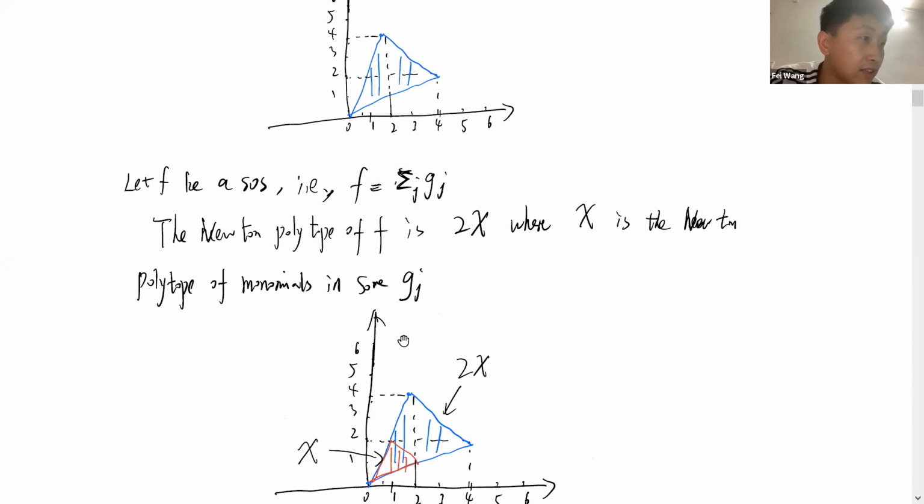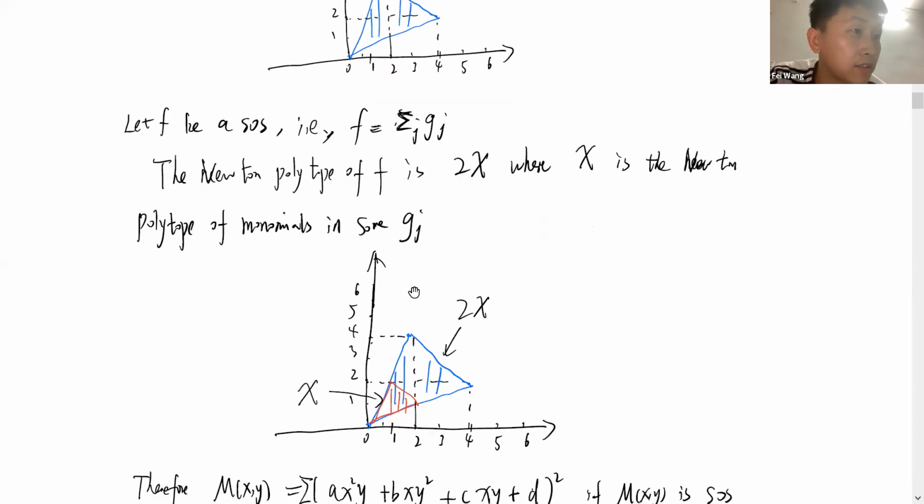Now let f be a sum of squares. If f is a sum of squares, then f is equal to the sum of g_j squared. What is the Newton polytope of the square g squared?